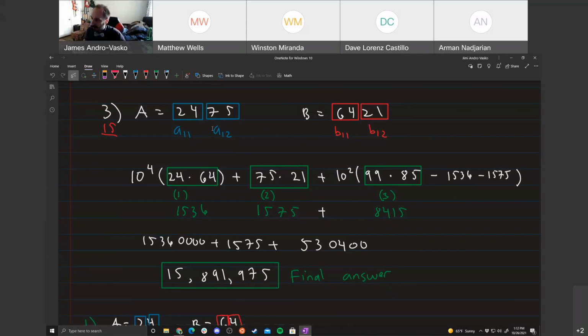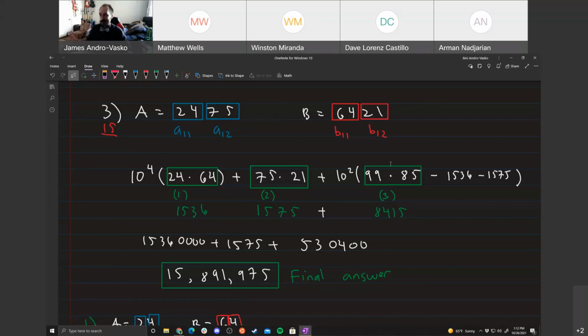Let me double check my work here. We add up these two together. Oh, now I get it. I took 24 plus 75, and I'm getting 99. 64 plus 21 gives 85, and we multiply those two together using that formula for Karatsuba's method. This is the formula I gave you guys, which you could have used during the exam, because I can't really verify who's using notes.